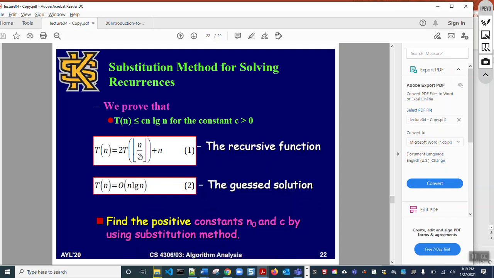Okay, so here the recursion function is T(n) equals 2T of floor of n by 2, plus n.